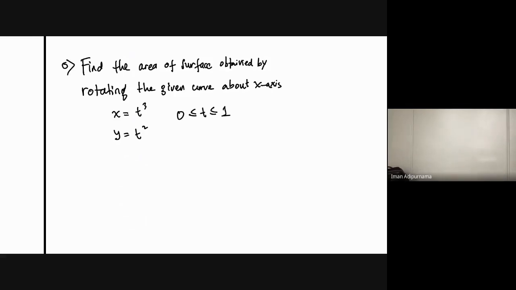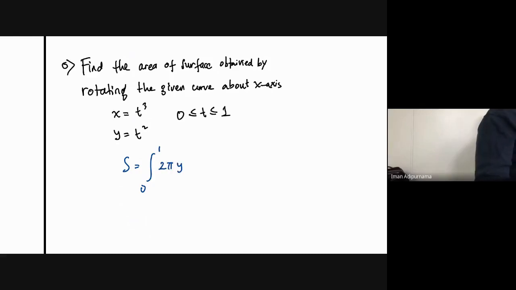Any integration technique you know or remember, you can use that also. So I can write the formula as from 0 to 1, and then 2 pi y, and then let's just write the dl. Or if you want to write the dl as the long formula, it's also fine.